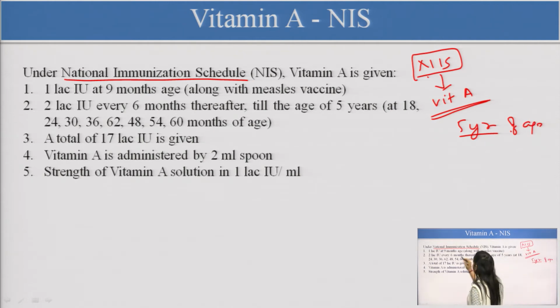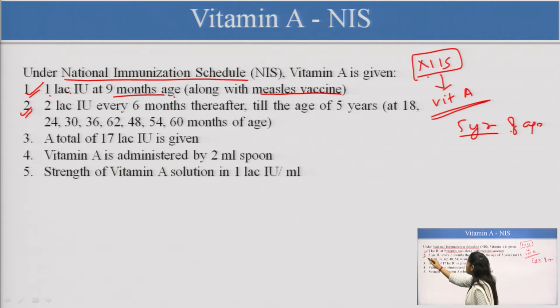Now, see, the first dose is provided at 9 months of age, which is 1 lakh international units, and this is provided with the measles vaccination. In children we are giving many vaccinations like polio, measles and BCG.